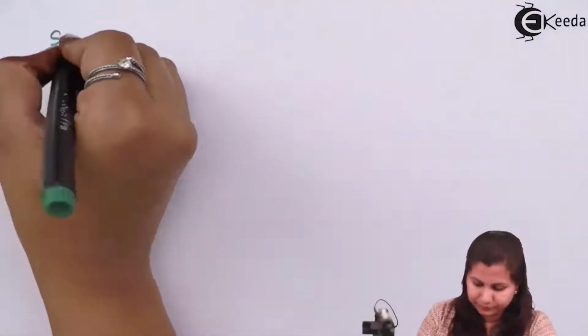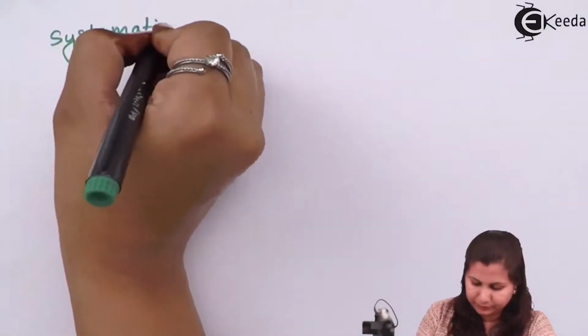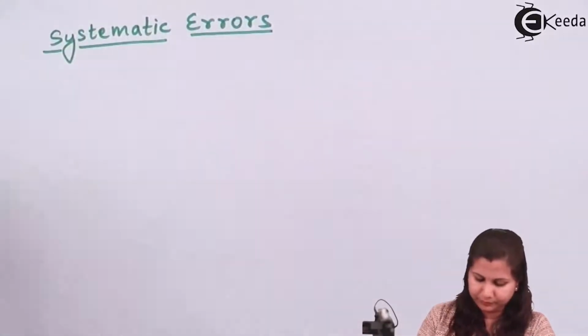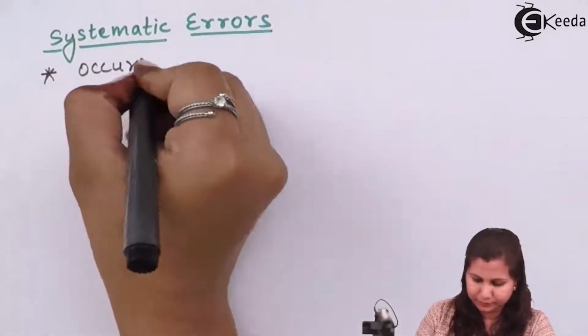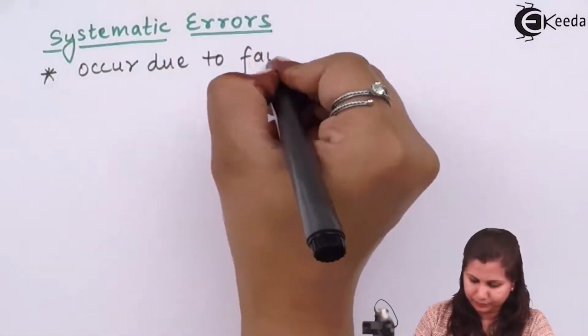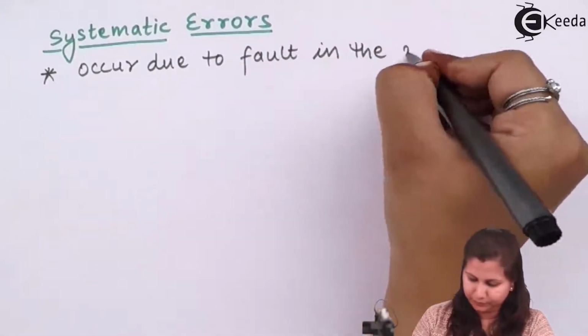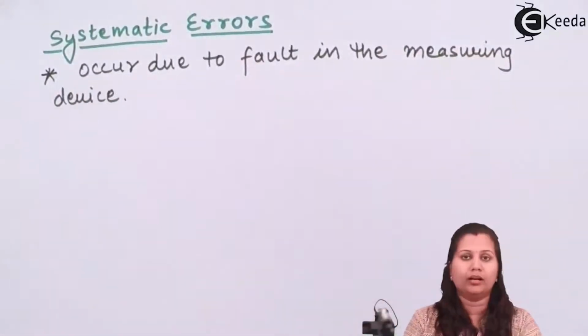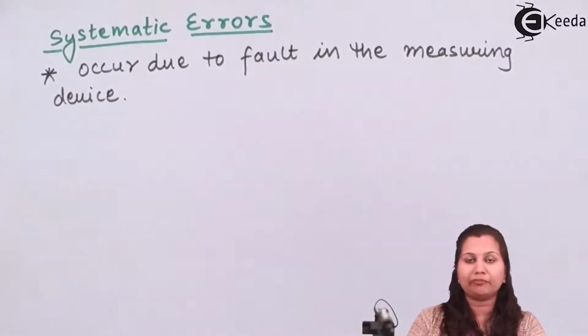Now, the second type of classification of error is the systematic error. When we are doing any type of measurement, we use the measuring instrument for doing the measurement.